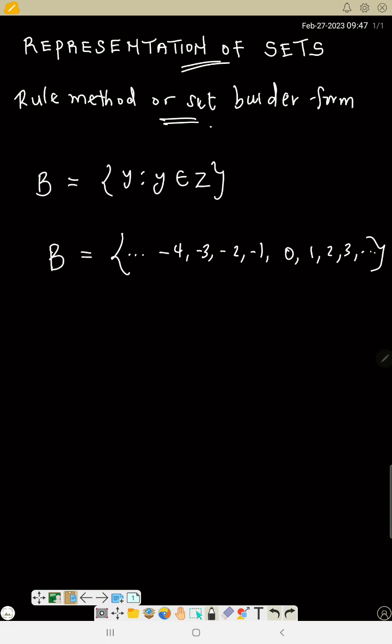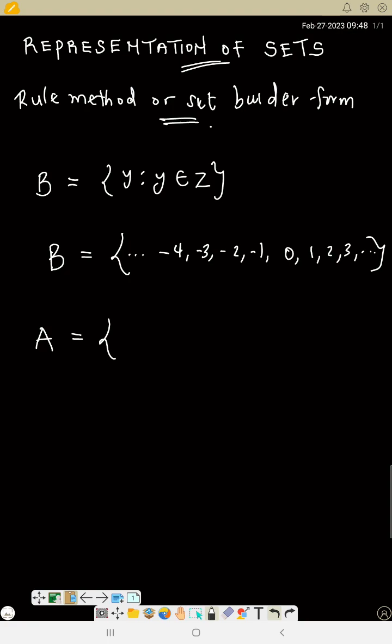So that is how we can do that. Now if I write something like this, what will be the interpretation? A is equal to, and I just want to form one for you.